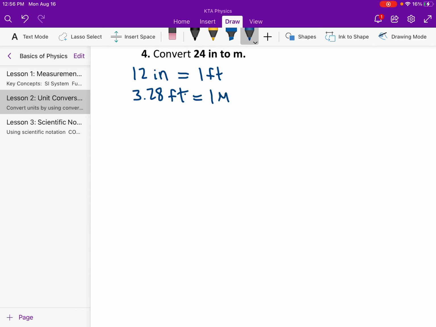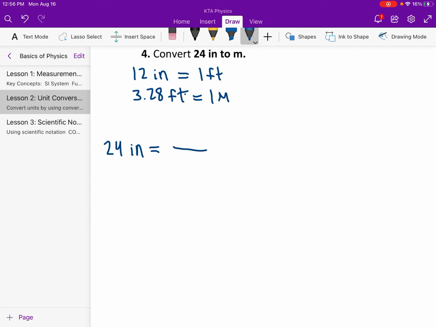So now let's see this process. And the reason why you do it like this is because it would be more helpful when one of the parts of the equation is 1, but it doesn't necessarily have to be. So let's start out with 24 inches, which is what we had. We're converting it to feet first.